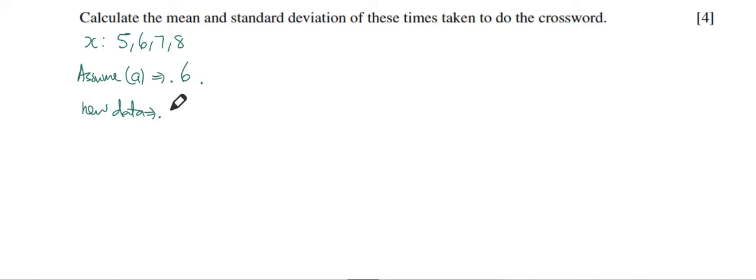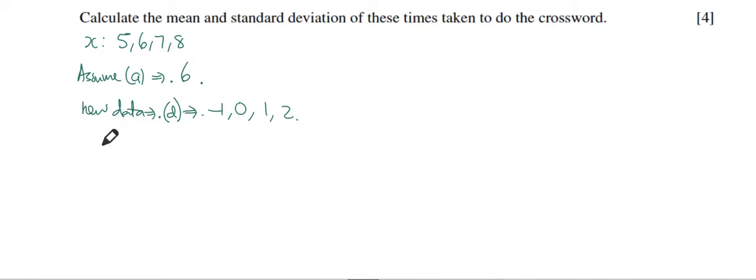So d will be the new data. d will be 5 minus 6, which is negative 1, and 6 minus 6, which is 0, and then 7 minus 6, which is 1, and 8 minus 6 is 2.